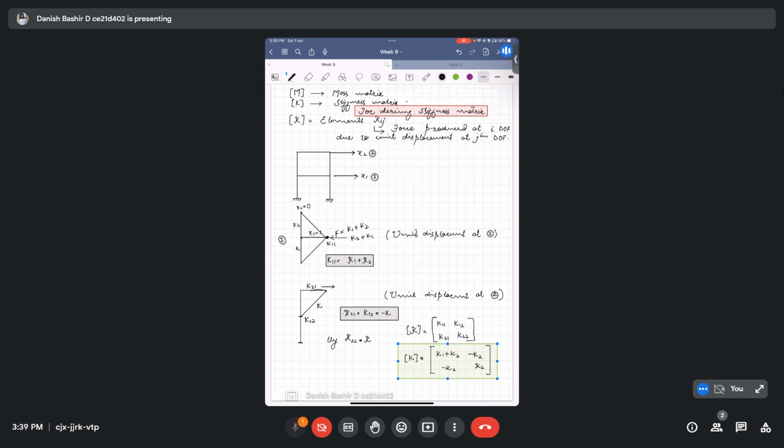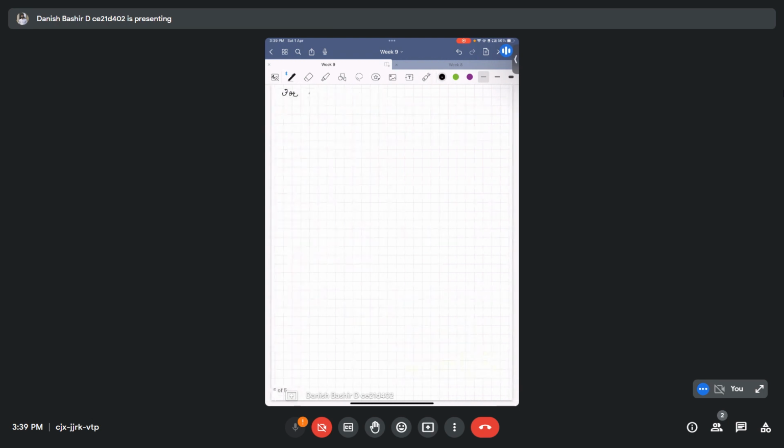For deriving the mass matrix M, what is the procedure?